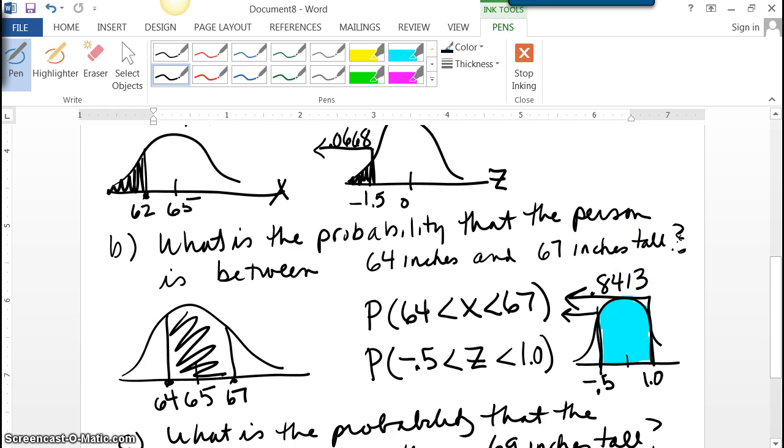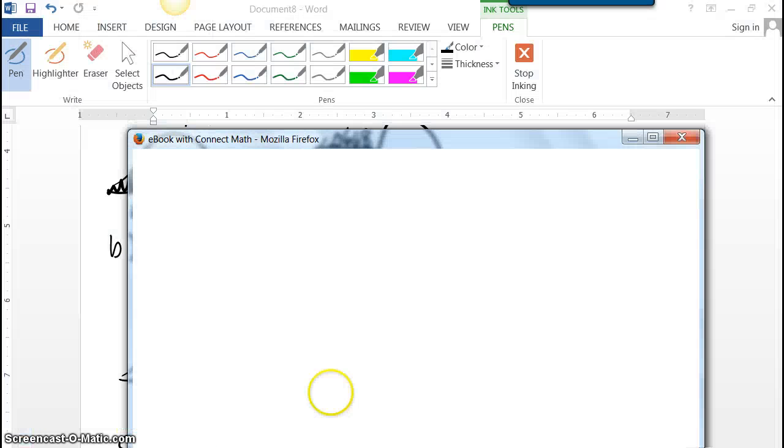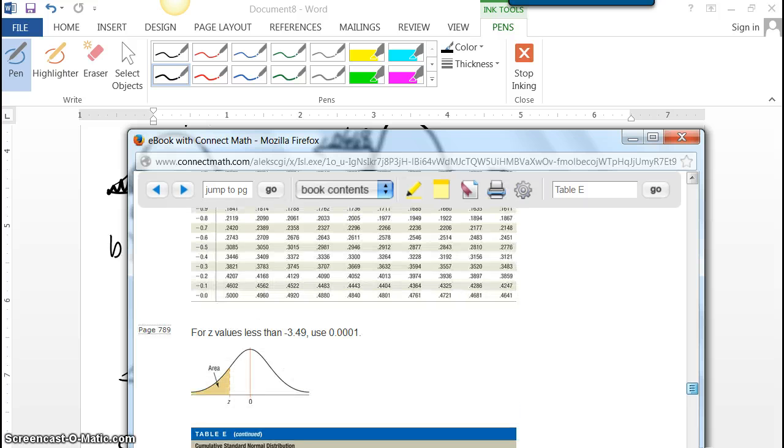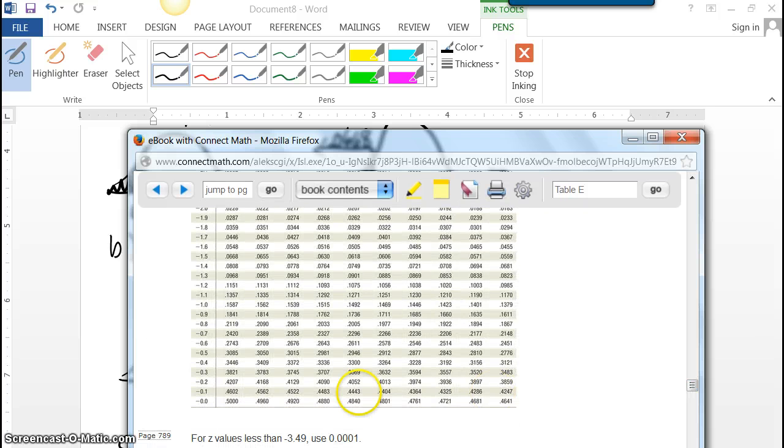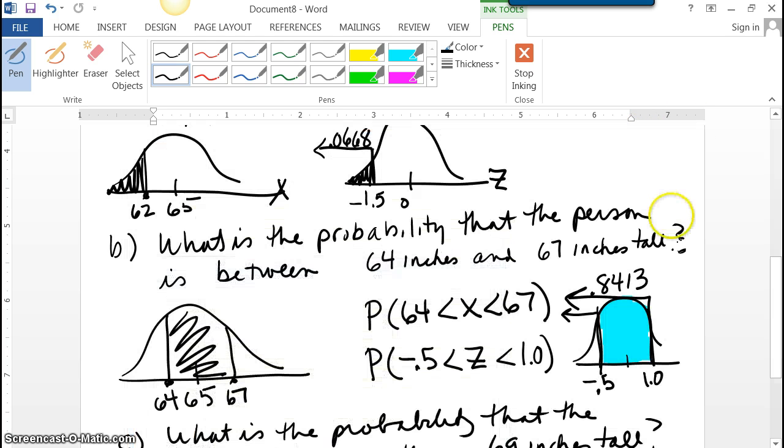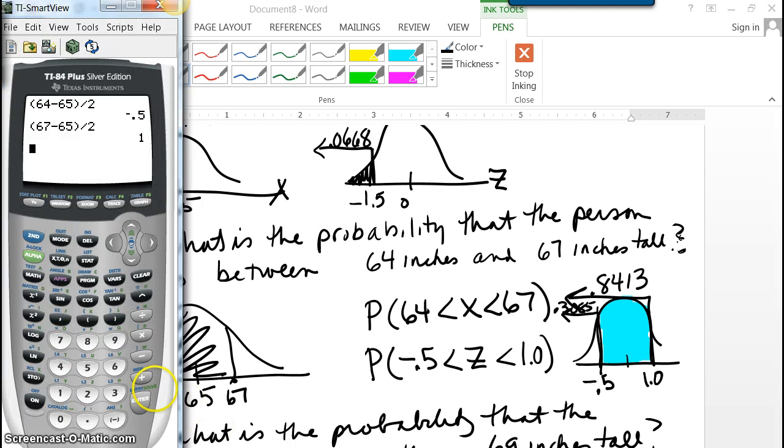Then we're going to go back to the negative part of the chart and we'll look up negative 0.5. 0.3085. And then we'll have to subtract those. I'm going to grab the calculator and just do the subtracting on there.